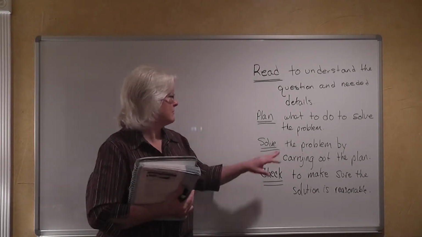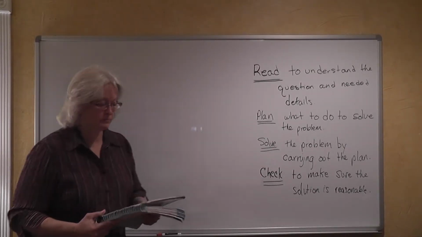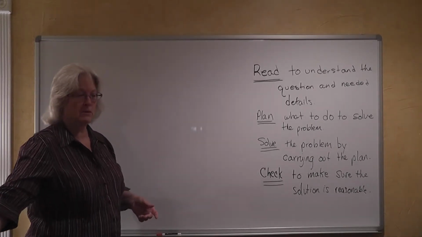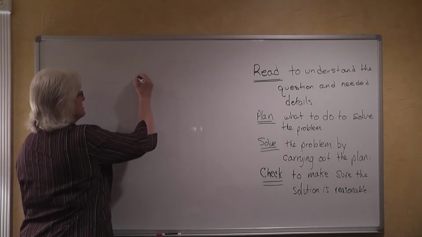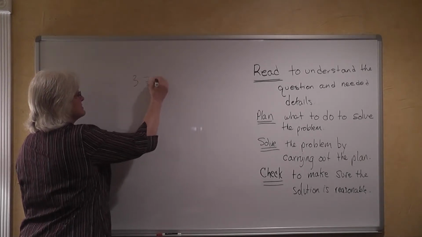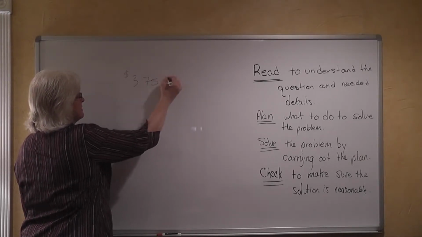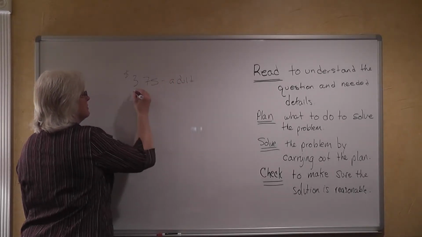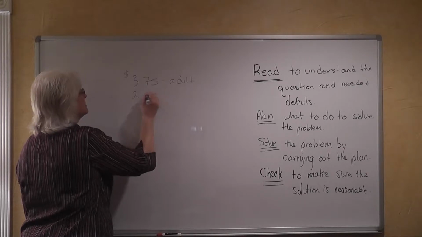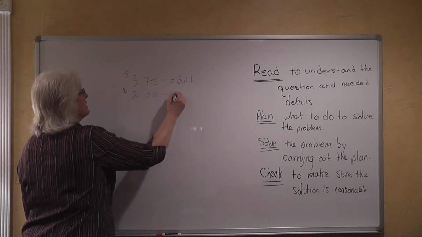So, step 3 says let's go ahead and solve our problem. So, we have $3.75. I'm just going to write some notes here. $3.75 for an adult. We have $2 for a child ticket.